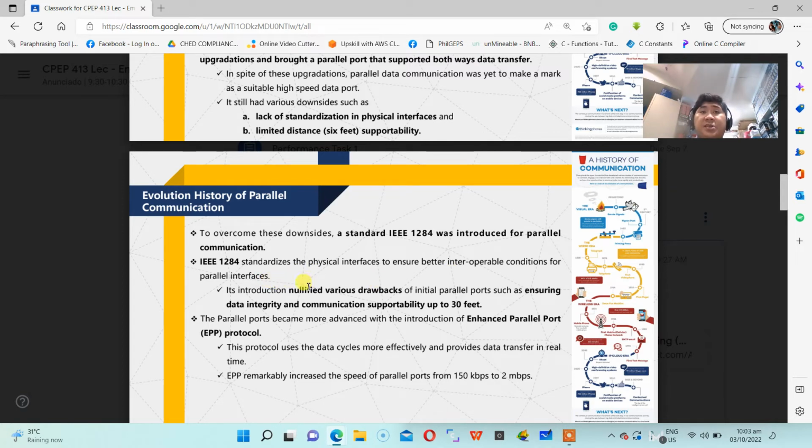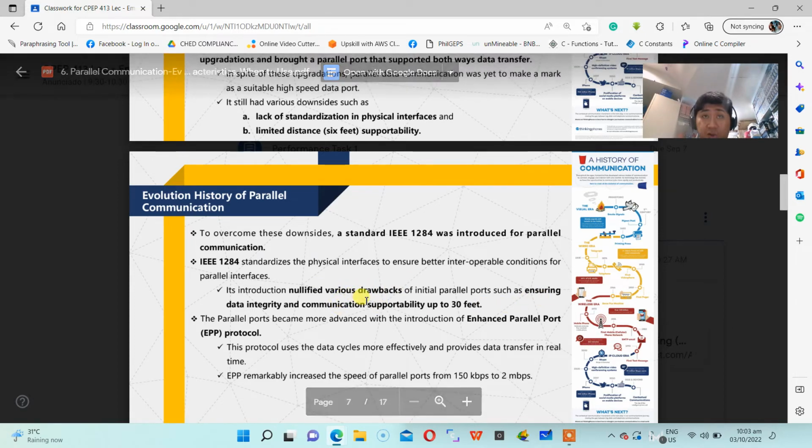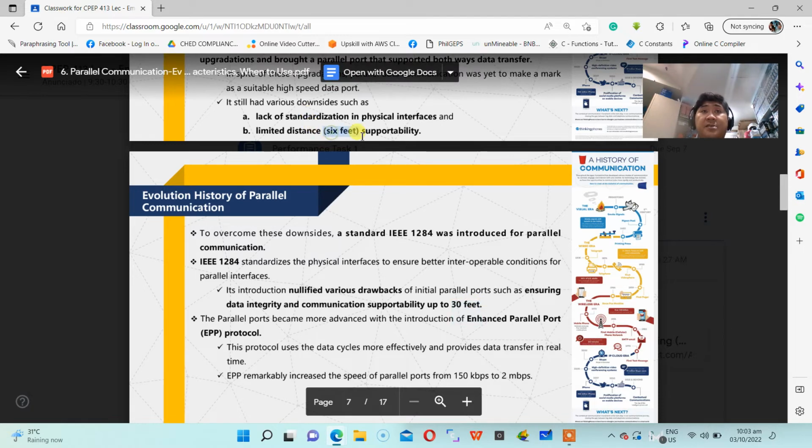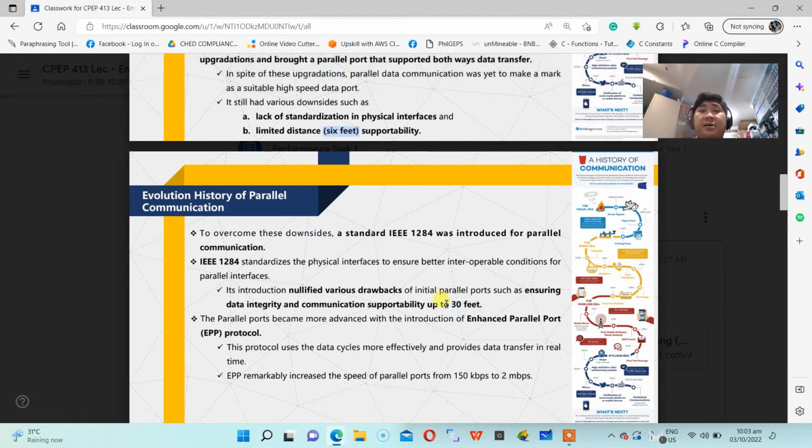The introduction nullified the various drawbacks of initial parallel ports, such as ensuring the integrity and communication supportability up to 30 feet. So imagine, they raised it up to 30 feet. Before, it was just 6 feet. Now they improved it to 30 feet.